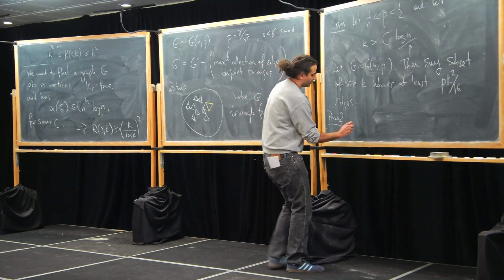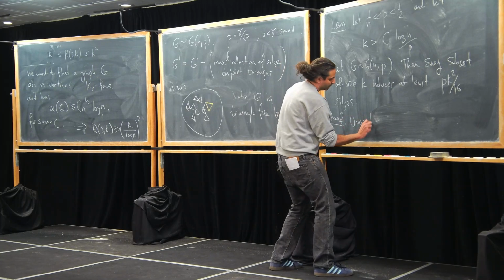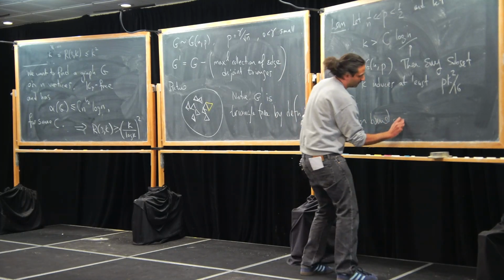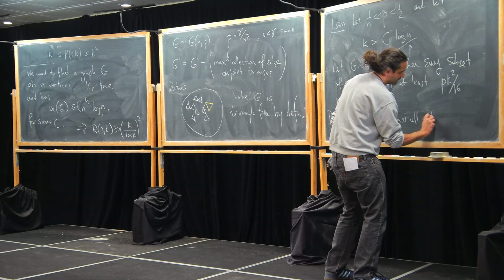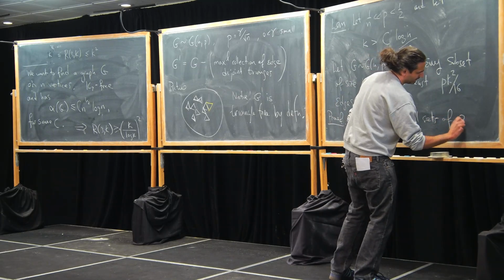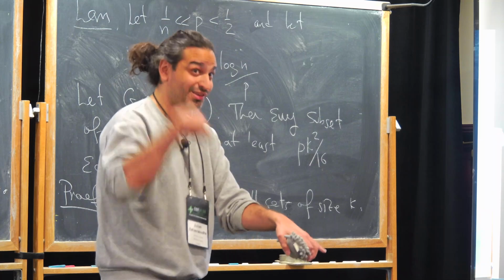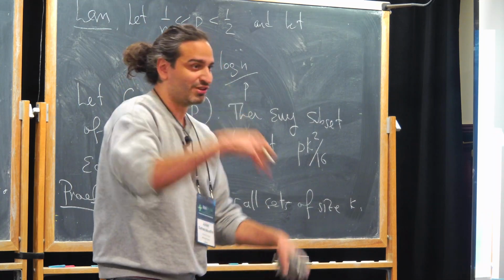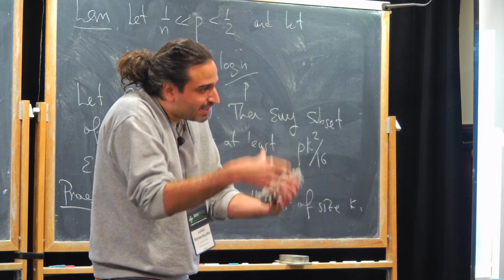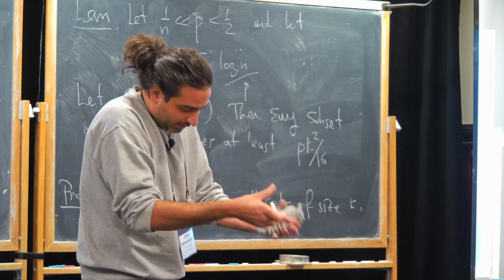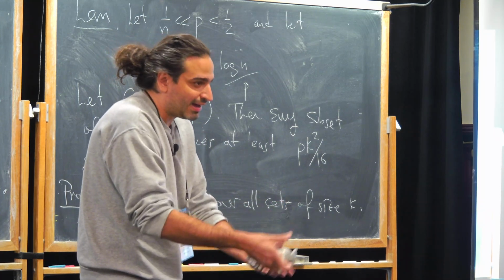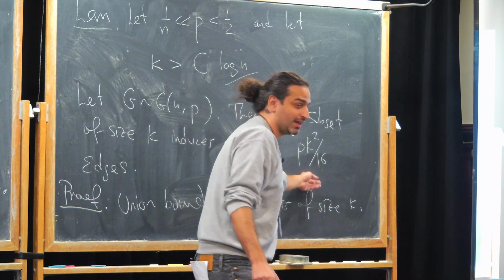I'll just say one word. Union bound over all sets of size K, just as we did yesterday. But now instead of having this 1 minus P to the K choose 2 factor, because there are no edges, I'm just asking what a binomial random variable has at most this many edges.